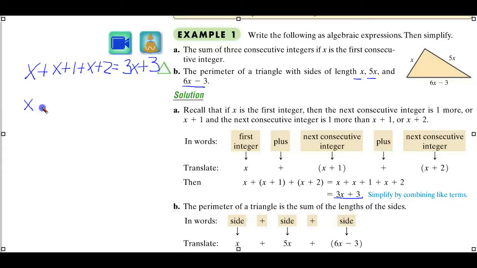So x plus 5x plus 6x minus 3. Add all your x's. This would be 12x minus 3. They're just asking you to add the three sides of a triangle. This would be your perimeter.